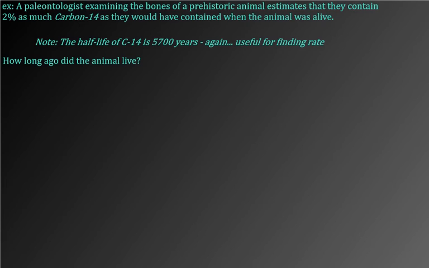They can scrape off a little bit of the bones and say, well, it should have this much carbon-14, but we notice that it contains 2% as much carbon-14, let's say, as it should have had when it was alive. So how long has it been decaying, right? And so you can find out the age of things by analyzing how much of this carbon-14 stuff is in carbon-based life forms, which is kind of cool.